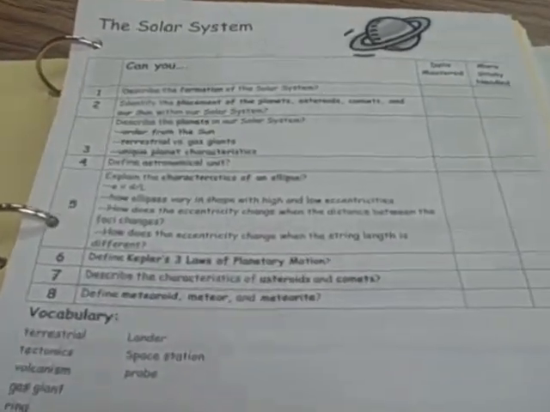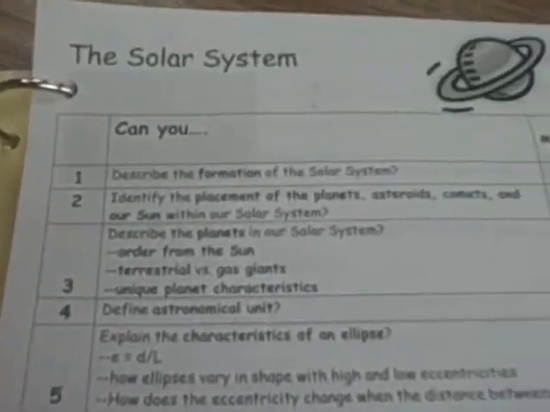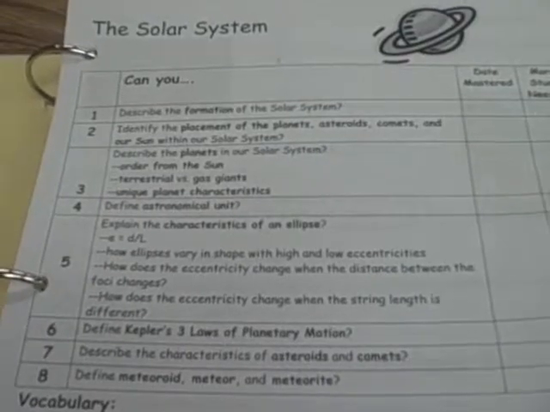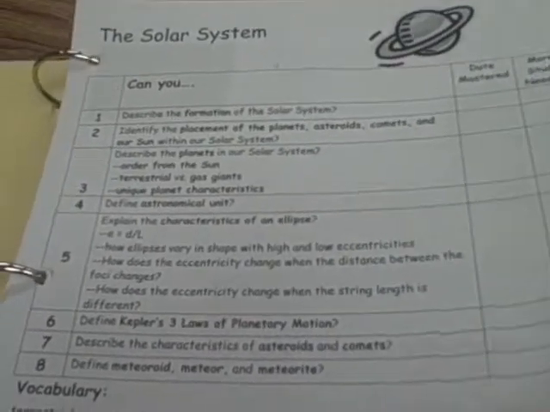Our units of study always have learning targets, and that's always the first item under the current topic. Behind that are all of the papers, all of the labs and activities that we do with that topic. The next tab says previous topic, and here we have all of the things that we've learned this year.